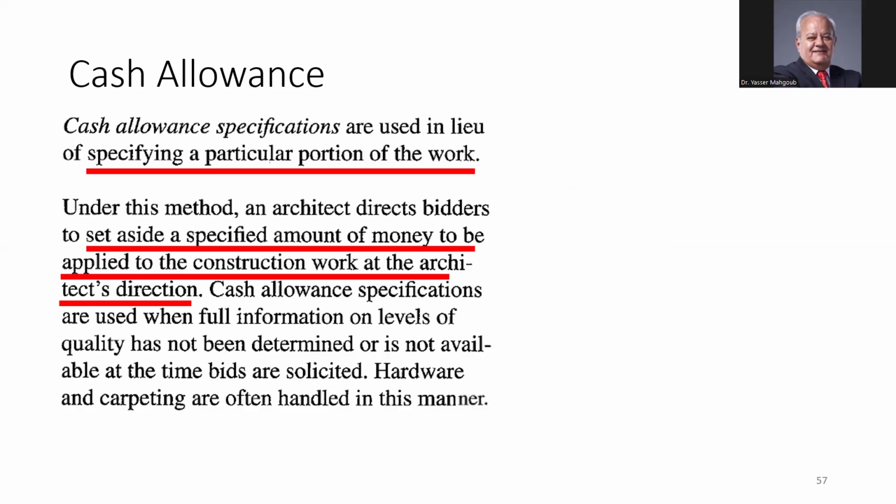Cash allowance: they specify a particular portion of work. Under this method, an architect directs bidders to set aside a specified amount of money to be applied to the construction work at the architect's direction. So instead of specifying the type of work, I tell them I want you to keep $100,000 for the finishing of this particular room.